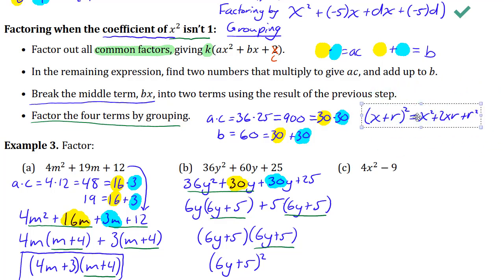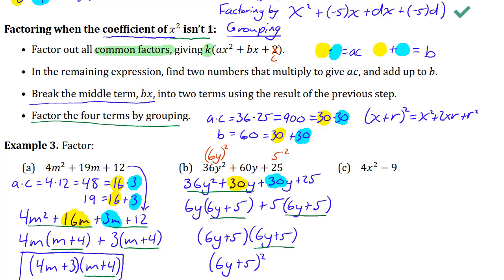And what we have here, the 36y squared is, I'm gonna write this in red so it's distinguishable from the work I did before. So we have 6y squared, that whole product squared is the same as 36y squared. And 25 is 5 squared.